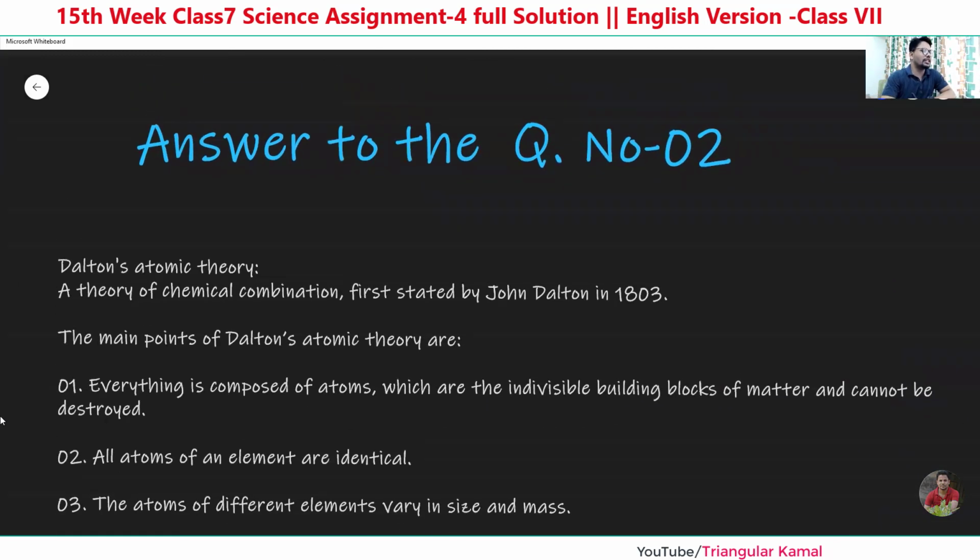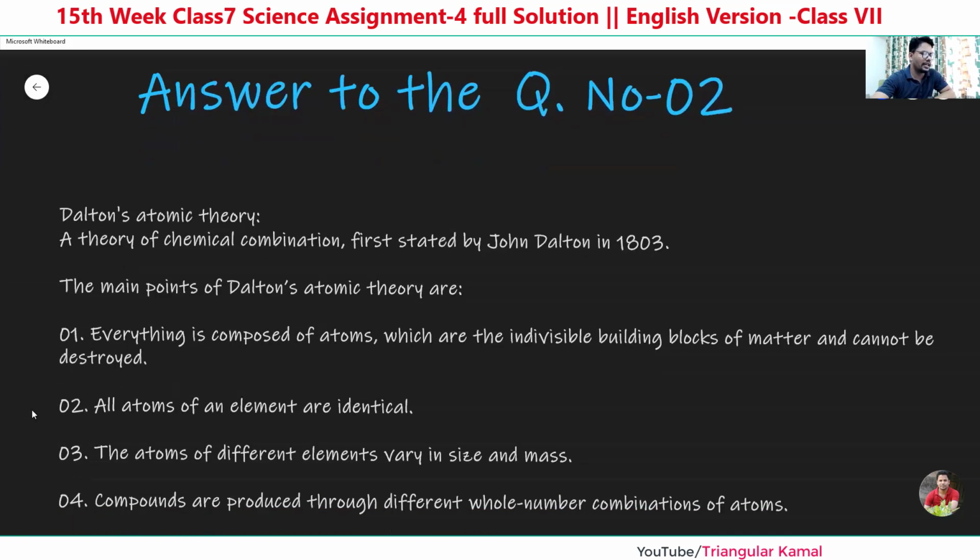Dalton's atomic theory, the theory of chemical combination, was first stated by John Dalton in 1803. The main points of the Dalton atomic theory are given below. Everything is composed of atoms, which are invisible building blocks of matter and cannot be destroyed.